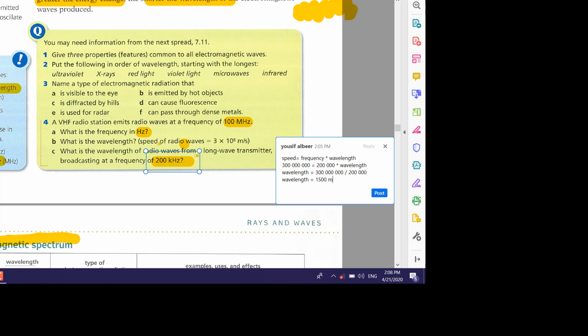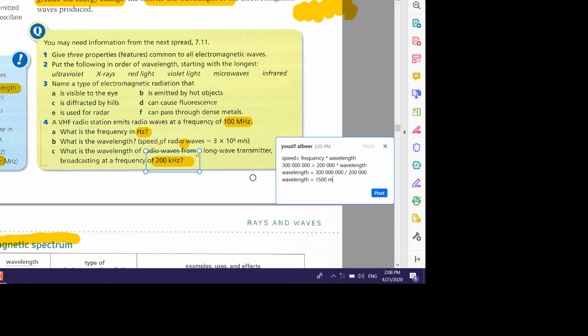To find the wavelength, we will use the same equation: speed equals frequency times wavelength. Instead of speed, we will write 300 million. If you ask why 300 million, we took this number from B. It says the speed of radio waves is 300 million.